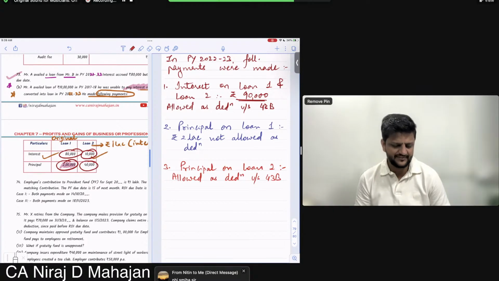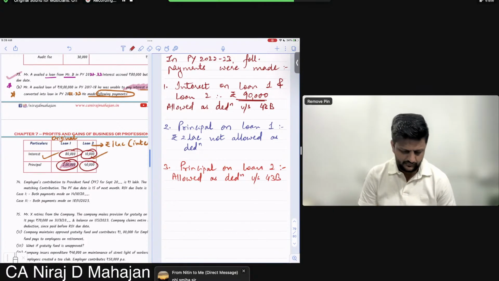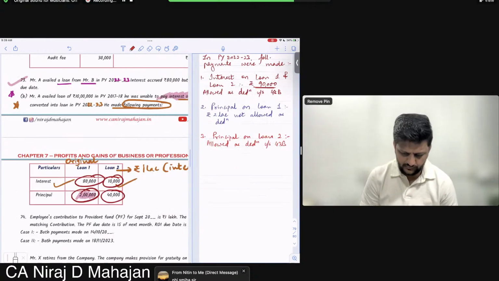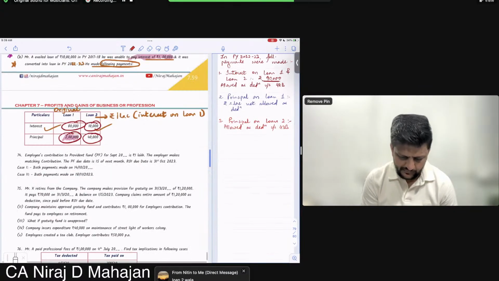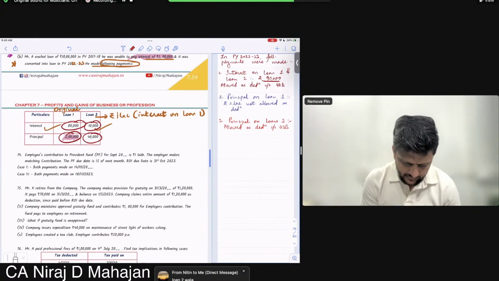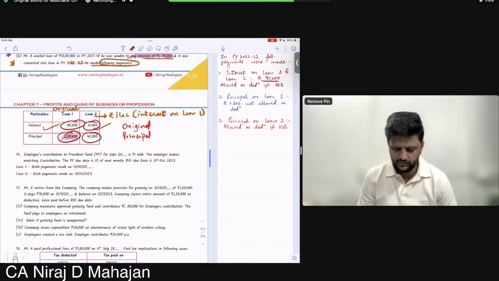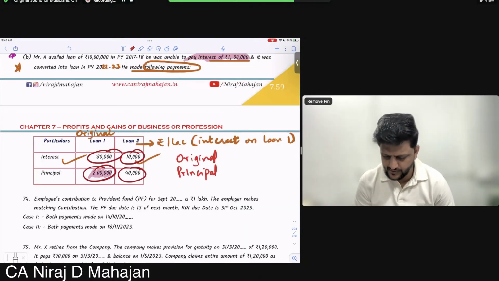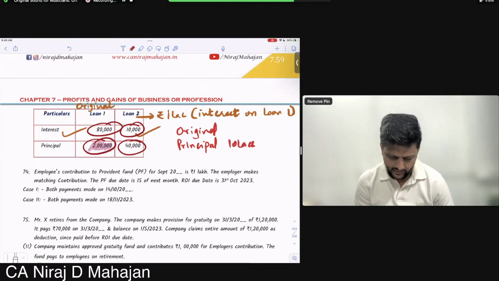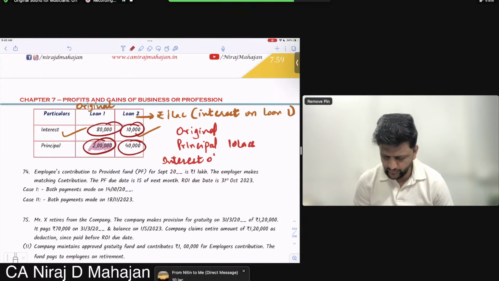Did not understand? Okay. Originally my loan is of how much? 10 lakhs. Okay? And interest is how much outstanding? 1 lakh.